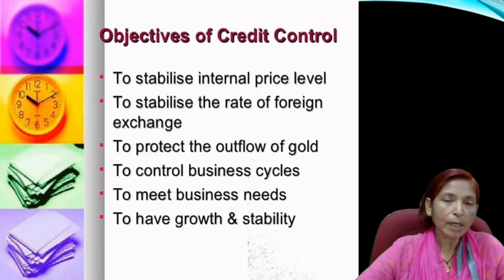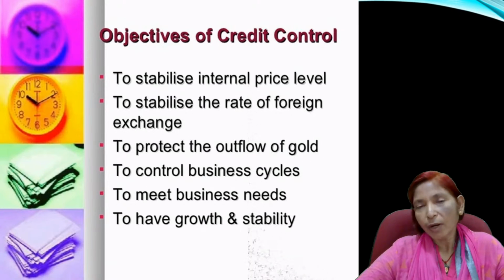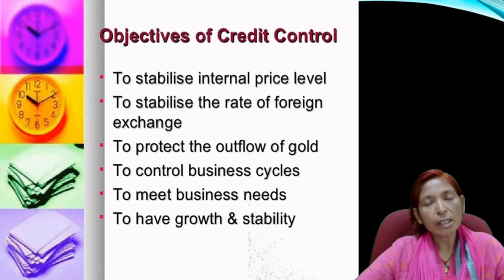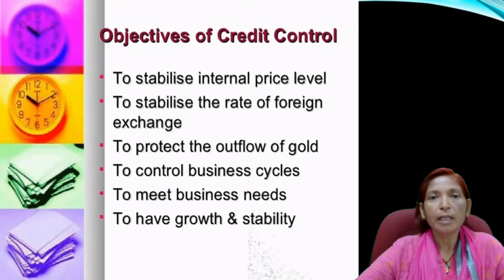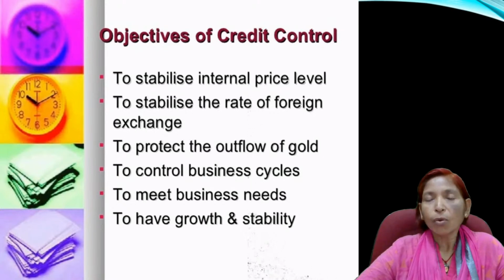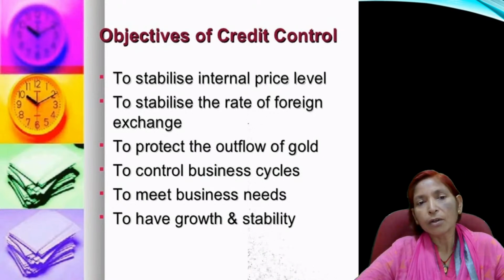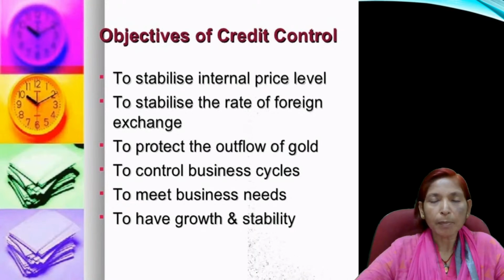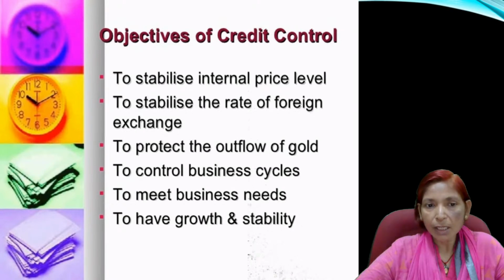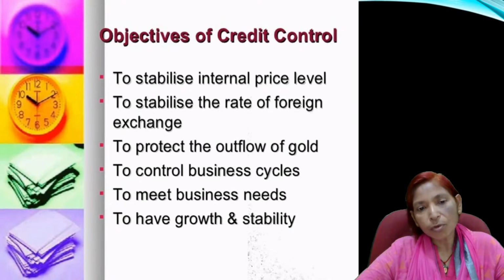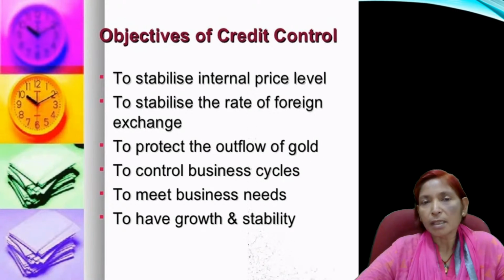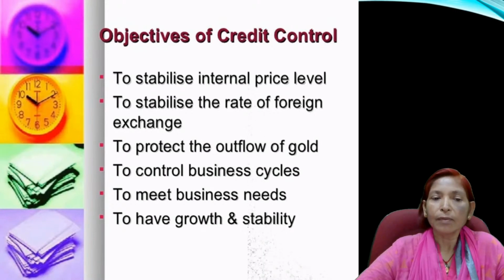And there are two types of policies. One is monetary, which is made by RBI, and the other is fiscal policy, which is made by the Government of India. The goal behind credit control is to stabilize the price level of the country, to stabilize the rate of foreign exchange, to protect against the outflow of gold, to control business cycle situations like boom, recession, depression, and recovery.